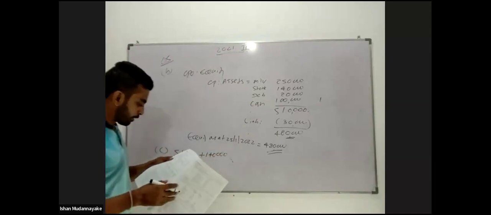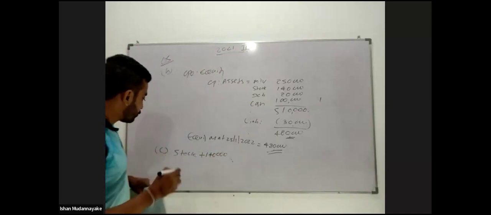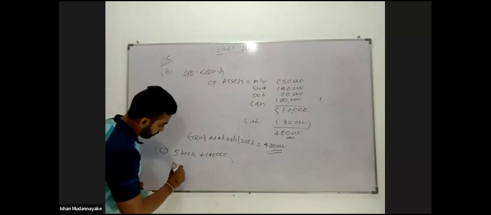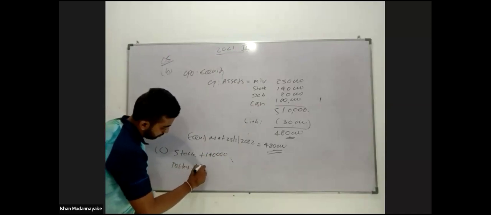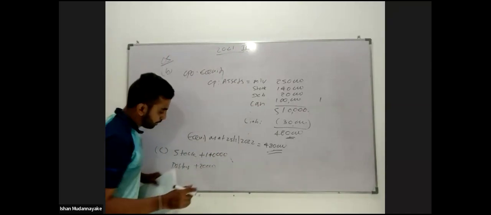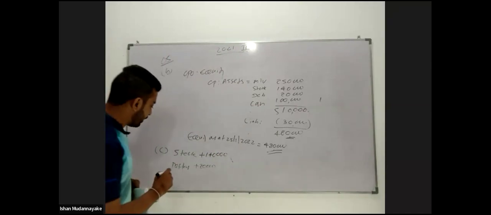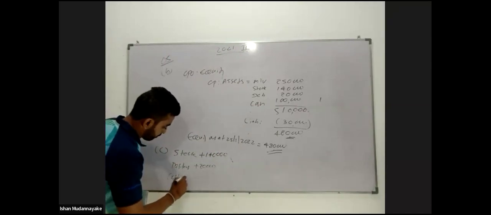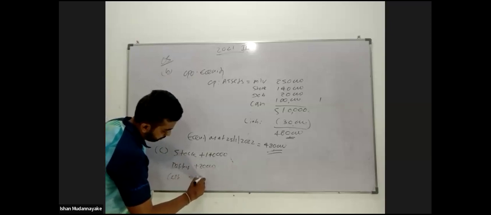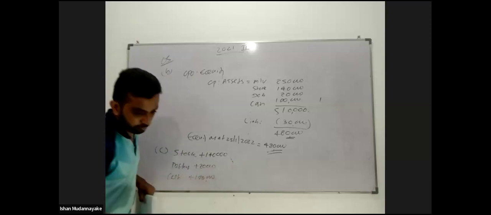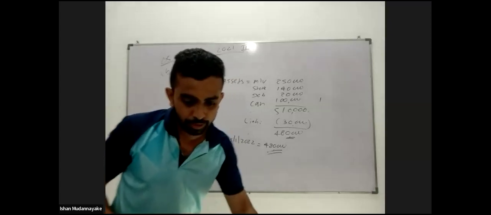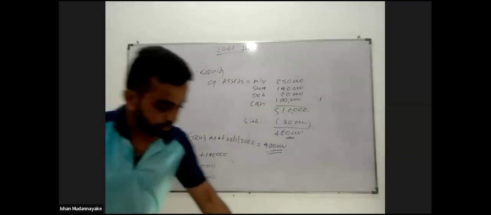Stock opening balance 140,000. Debtors opening balance 20,000. Cash opening balance 100,000.